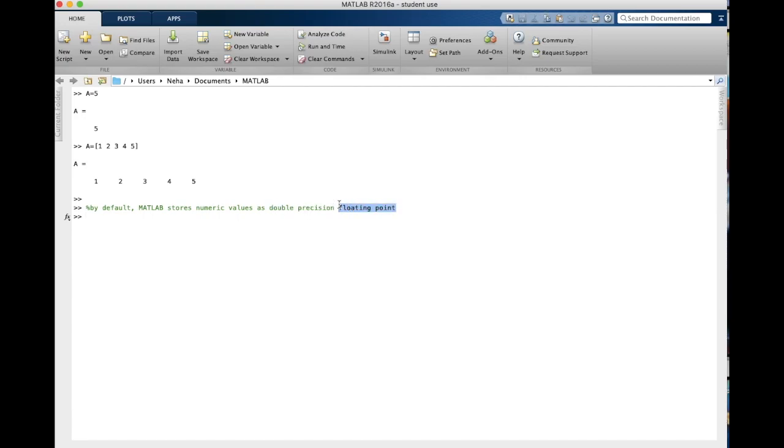And a side note on floating point, because computer memory is limited, we cannot store numbers with infinite precision. So for example, if I have 0.33333 plus 0.33333 plus 0.33333, I would get 1. I know MATLAB rounded here to 1, but technically a computer would see this as 0.99999 going on forever.